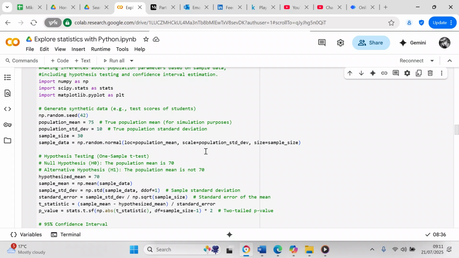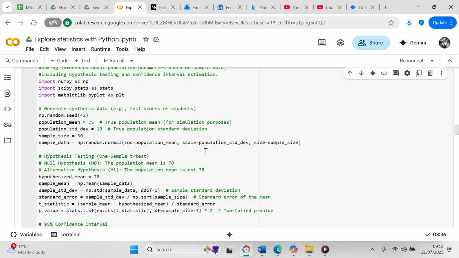Standard error equals sample standard deviation divided by the square root of the sample size. Your t statistic equals your sample mean minus your hypothesized mean, divided by the standard error.